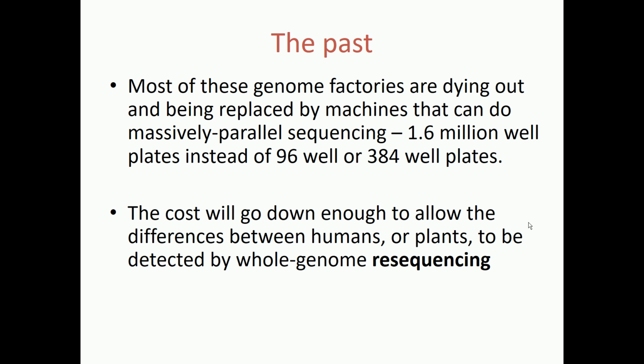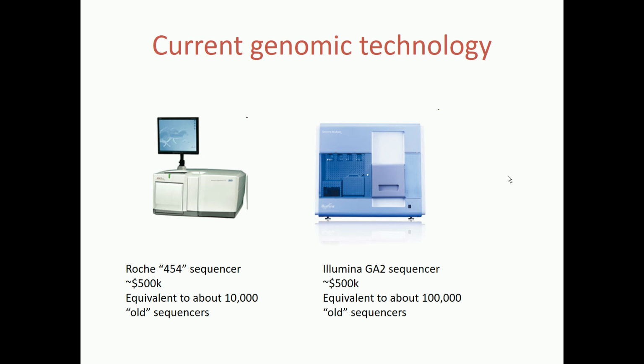This tells us how fast this field is going up. Most of these genome factories are dying out and being replaced by machines that can do massively parallel sequencing, 1.6 million well plates instead of 96 well or 384 well plates. So these are the current genomic technologies.